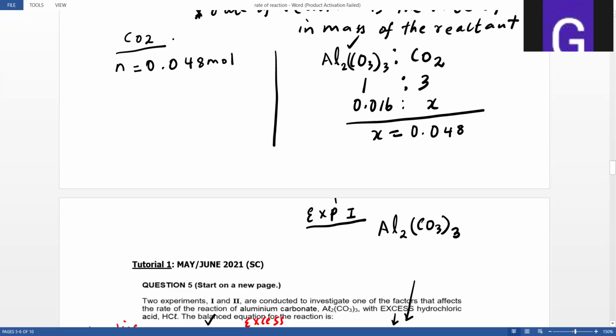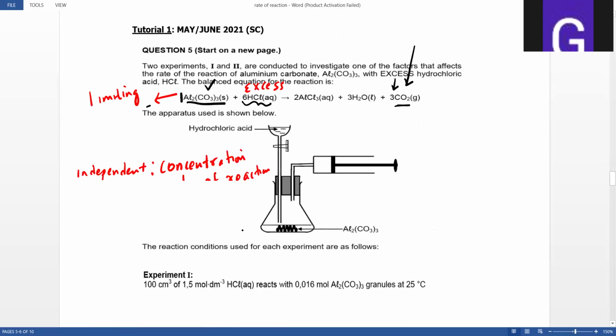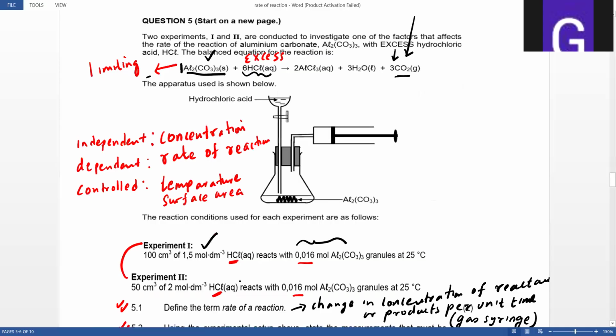And since this one is a gas, it means we need to consider the molar gas volume, which is given to be 24,000 centimeter cubic per mole. And since we have the number of mole and the molar gas volume, we can use this to determine the maximum volume of this gas that is being produced.